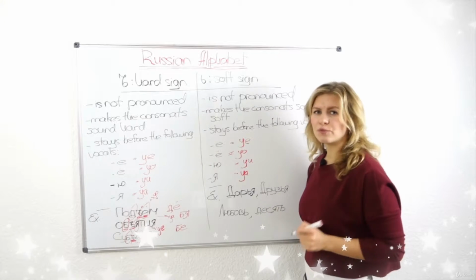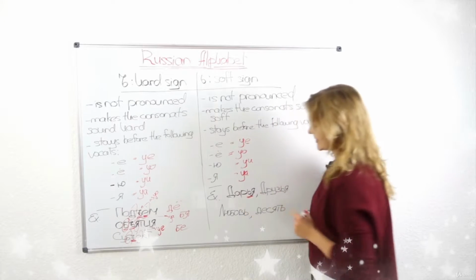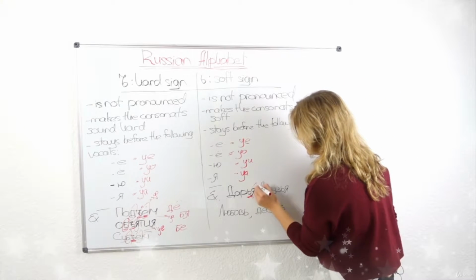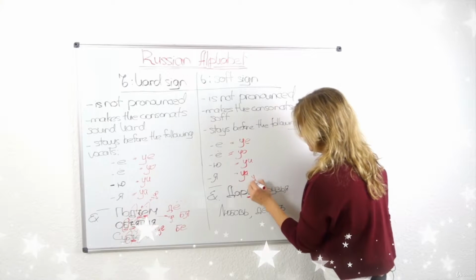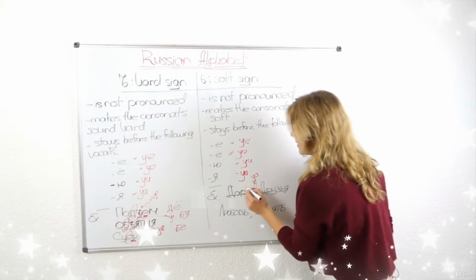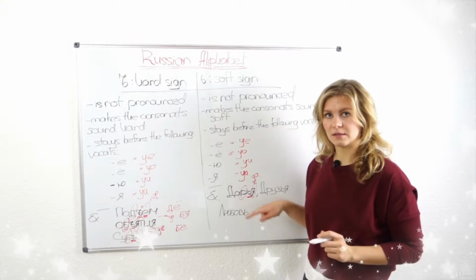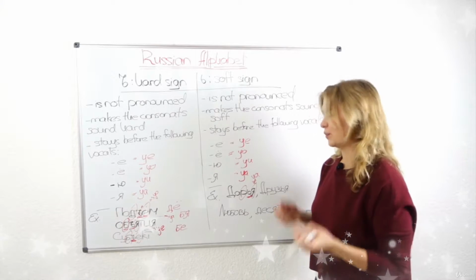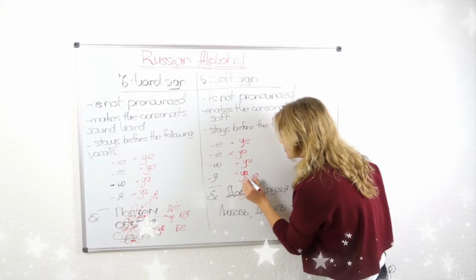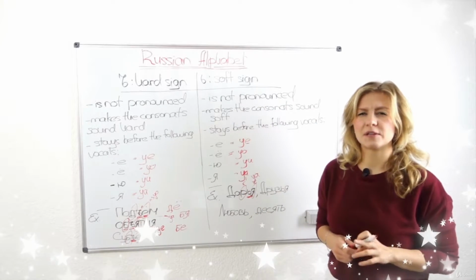Example, the Russian woman's name Daria. We see here is our мягкий знак, soft sign, which stays exactly in front of one of the vowels, ya. And the Russian consonant r, which normally sounds like r, in this case should sound very soft. This is a sign I use to show you that it sounds very soft.